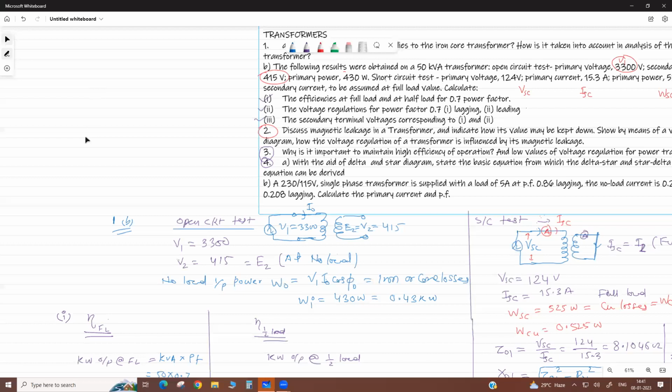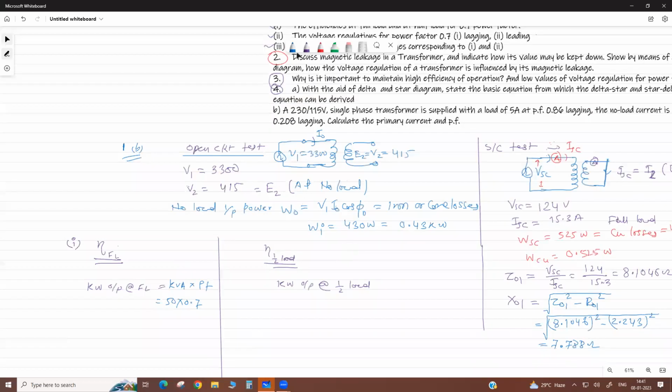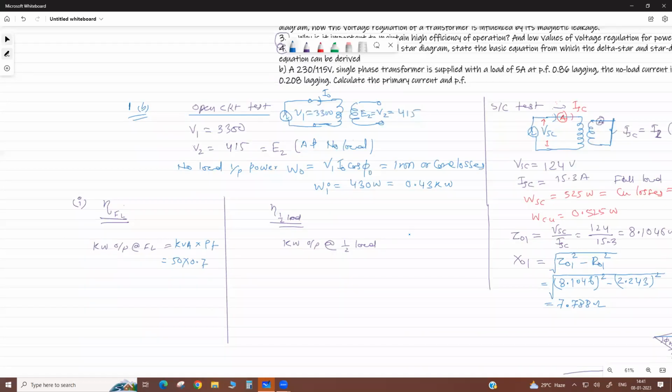And what is it at half load? Half rating means 50 divided by 2, so 25 it comes. Half load into power factor, again the same.